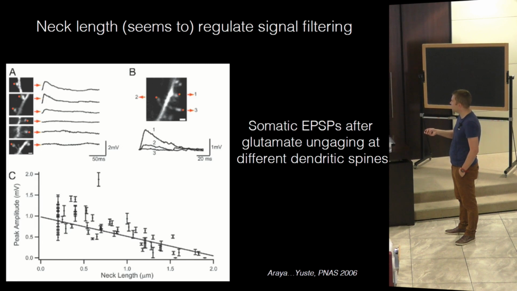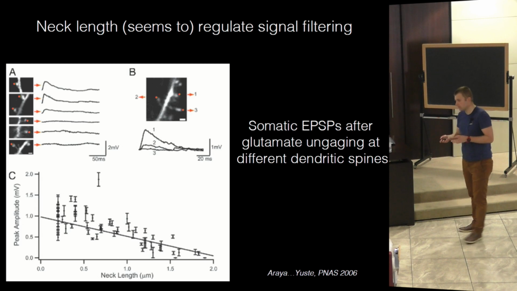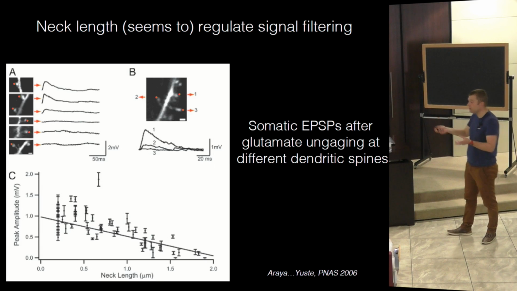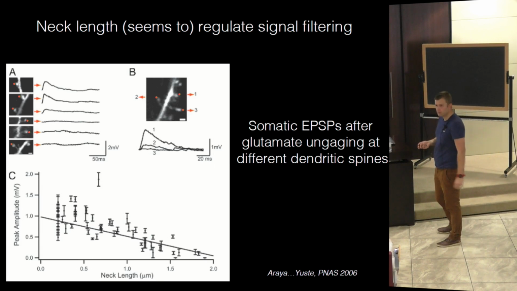So the longer the neck, the smaller the response. Meaning that at some point long spines would be isolated from the dendrite.